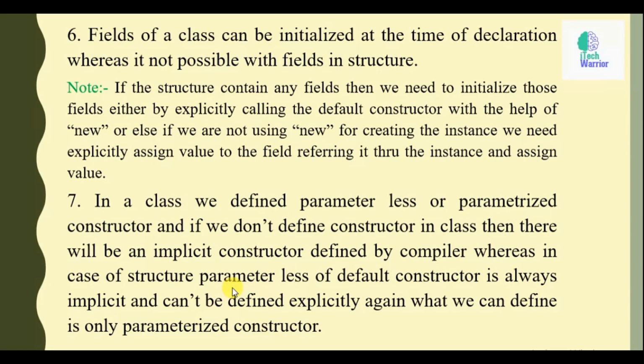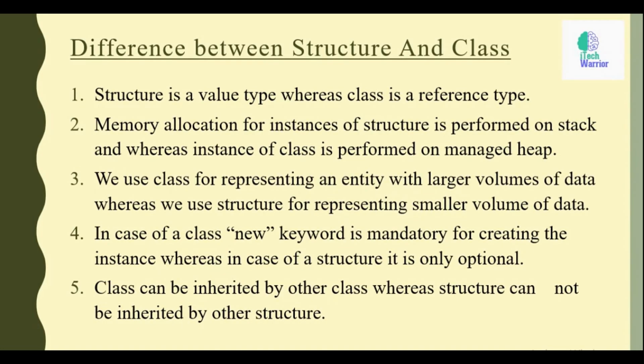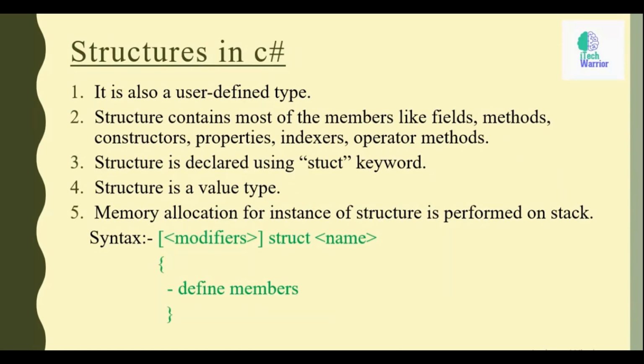So this is the overview of a structure, the concept behind a structure, and the difference between class and structure. Let's review structure a little bit. It is also a user-defined type. It contains fields, methods, properties, indexers, and operator methods like a class. A structure is declared using the struct keyword.